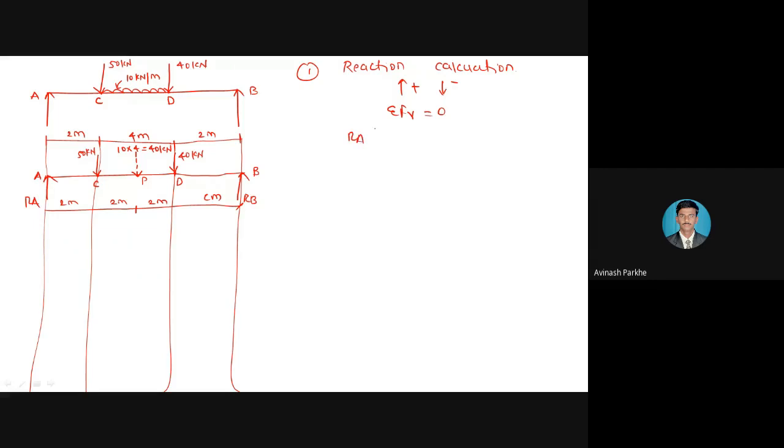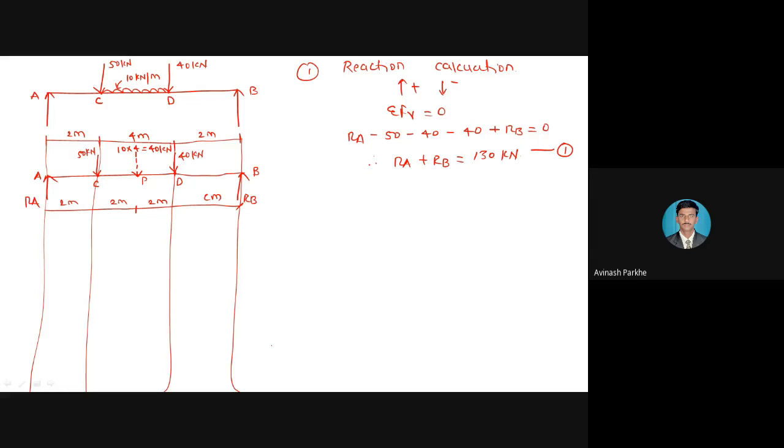Reaction RA positive, minus 50, one point load moving in the downward direction, minus 40, which means the UDL is converted into the point load. Again minus 40, because one more point load is there, and plus RB is equal to 0. Therefore, RA plus RB is equal to 130 kilonewton. This is equation number 1.